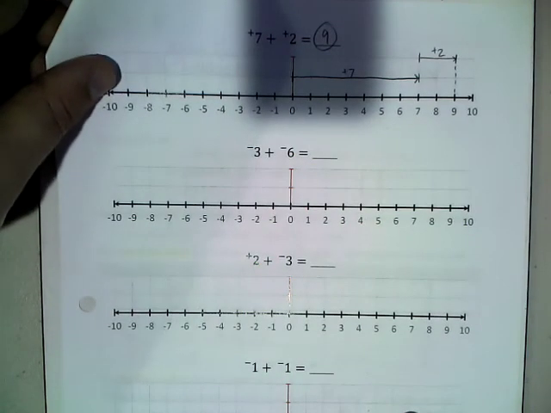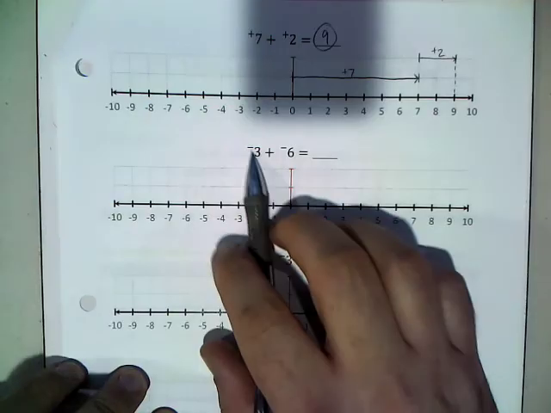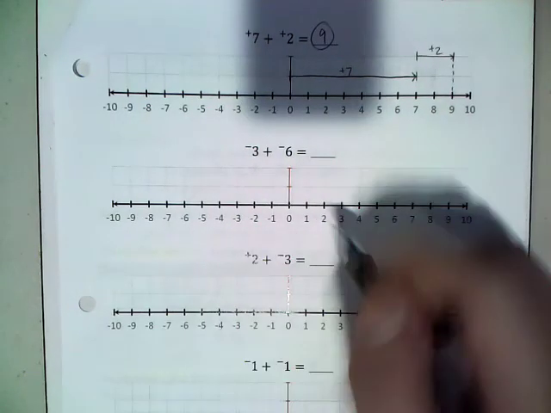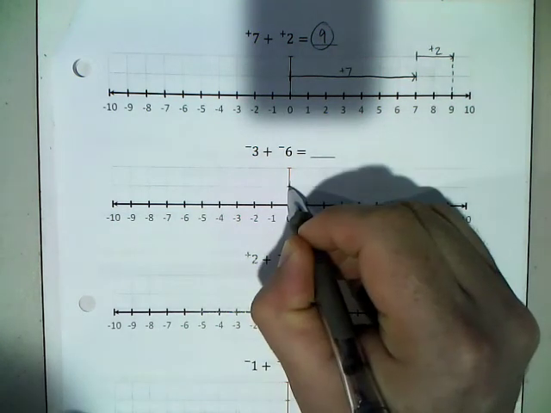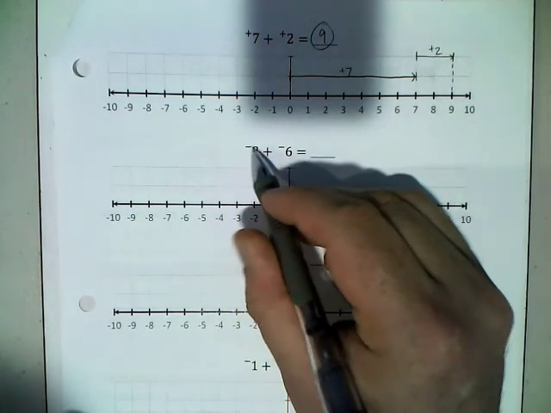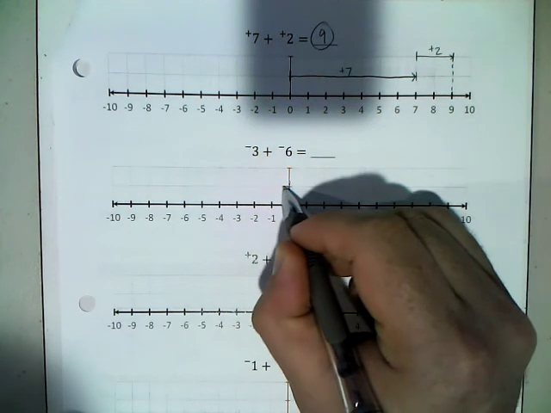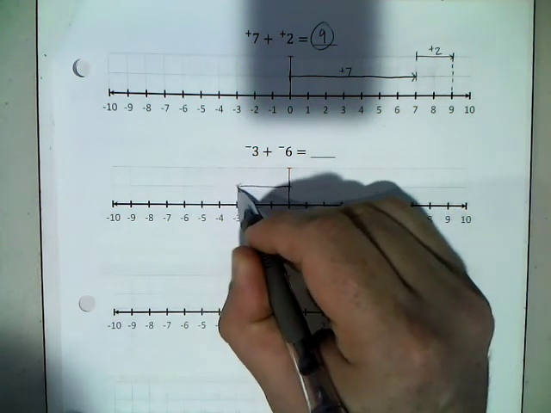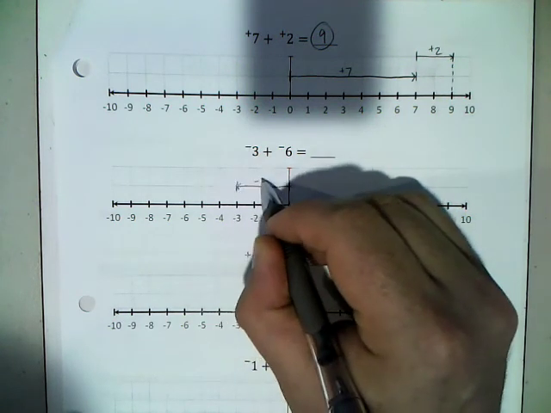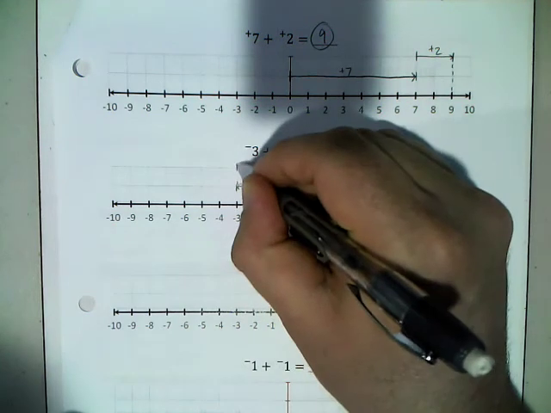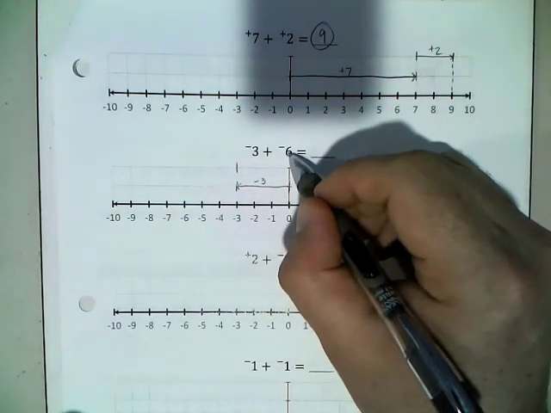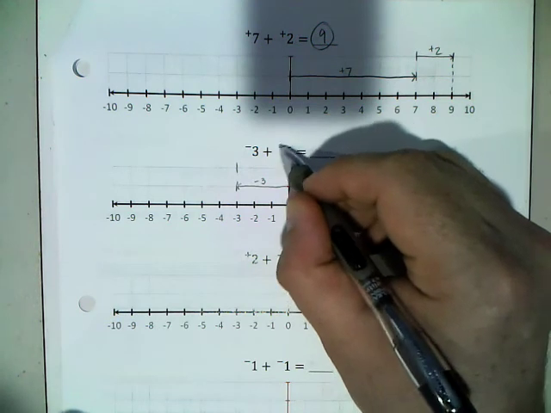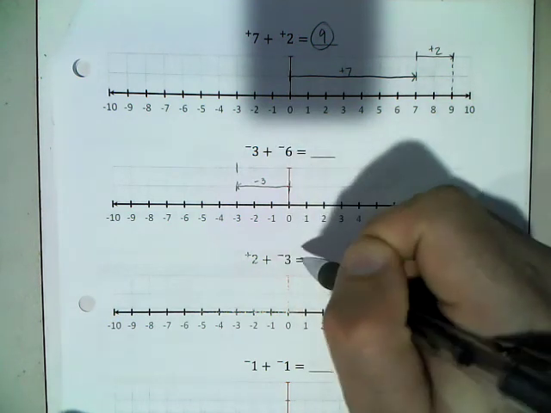Next up, -3 plus -6. So this time I've got a -3. So -3, 3 units, but I'm going to go negative, so left. 1, 2, 3 to the left. There's my -3. Start where we stopped. And a -6 will tell me to go 6 units, but keep going to the left.